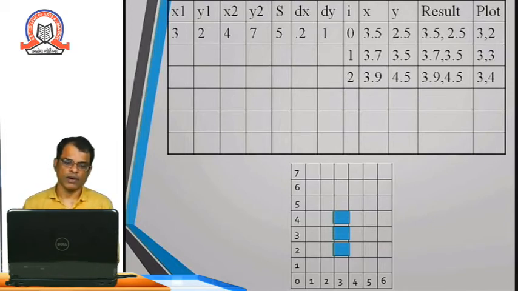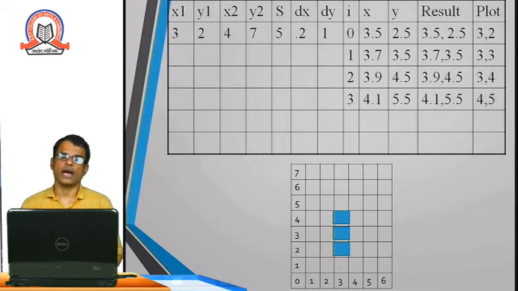So x is 3, y is 4. Then the next is the fourth point. Again we have to add 0.2 and 1. So the new values will be 4.1 and 5.5. So 4.1, 5.5, here we take the complete 4. So 4 and 5. The point will be plotted over here.